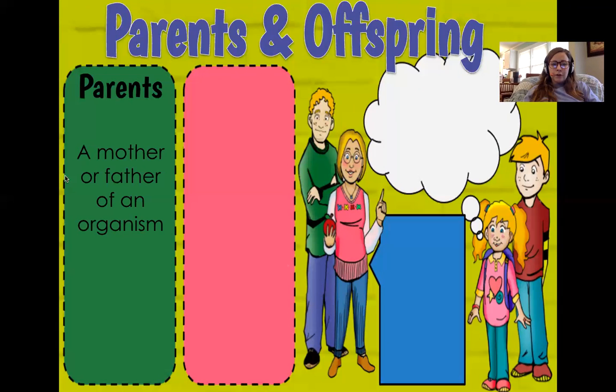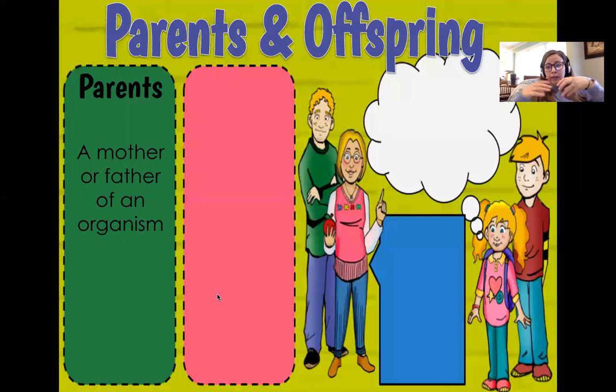So your first piece is the parents, and the parents are the mother and father of an organism. And then, of course, when they have a child, it is a combination of their DNA.